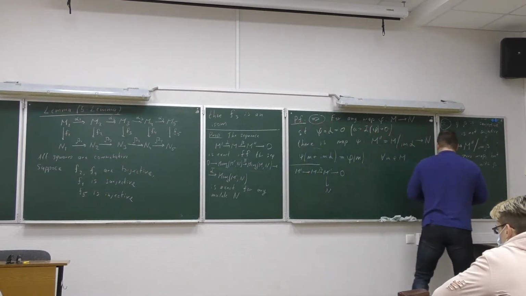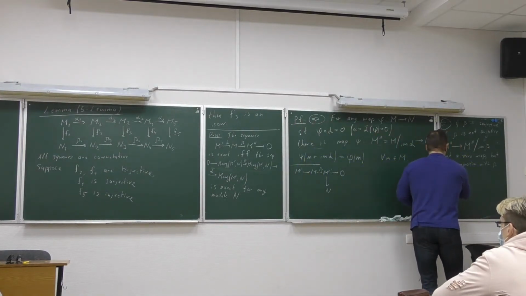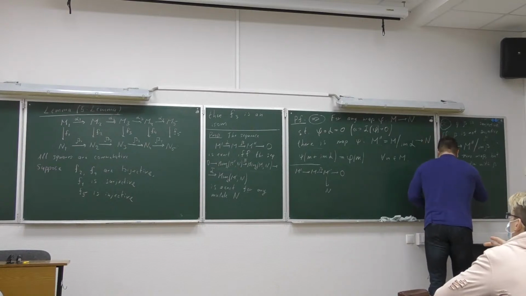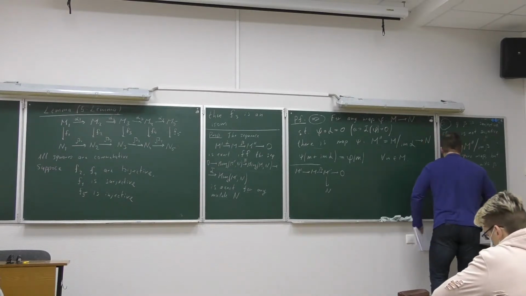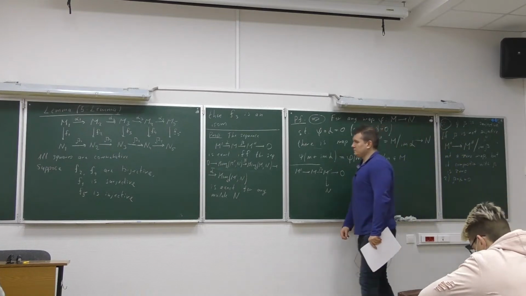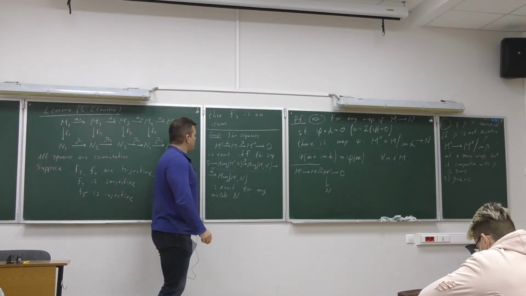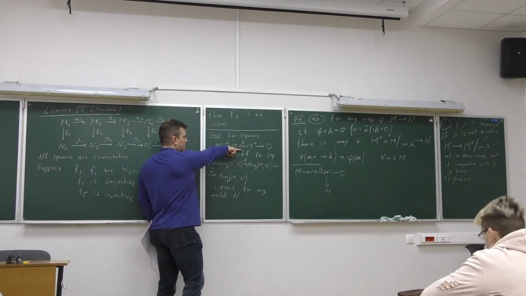Now the second step is the following. I want to check that the composition of the beta and alpha is equal to 0. So I have the exactness of the Homs. I want to check at least that the composition of these two maps in the given diagram is 0.